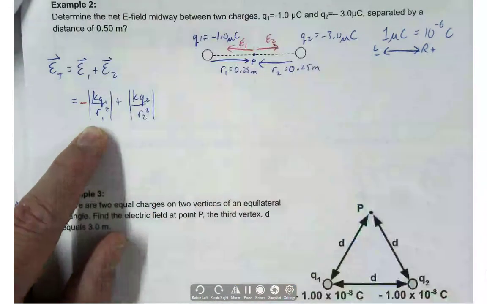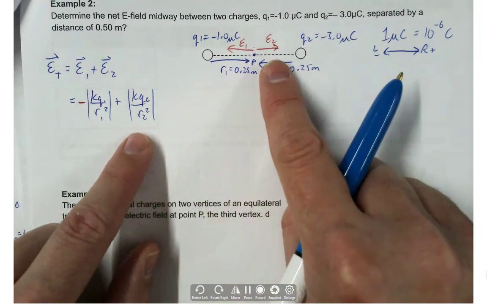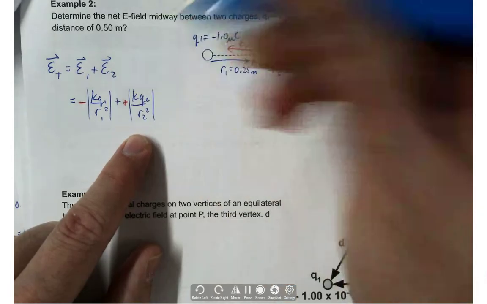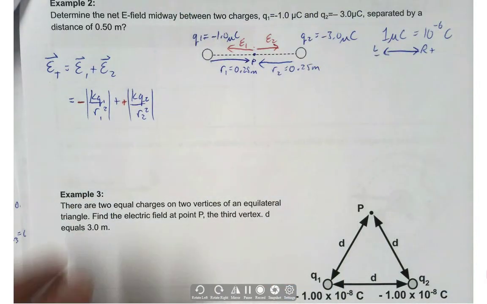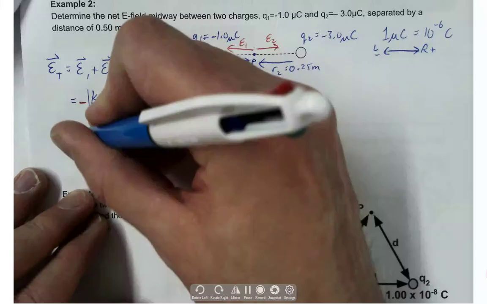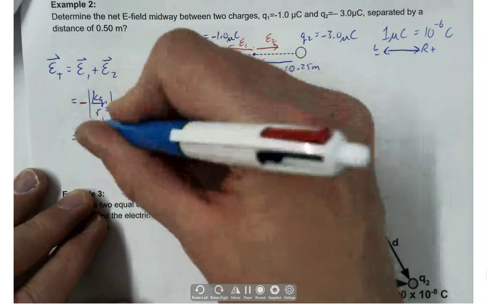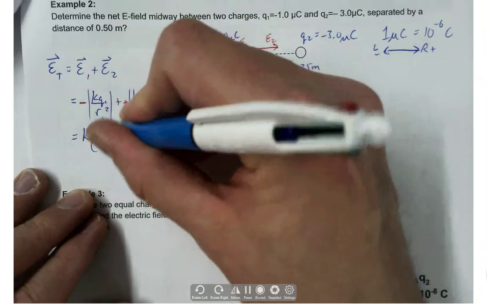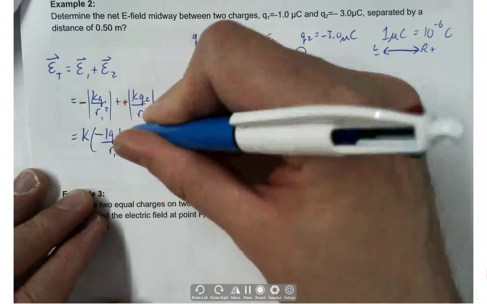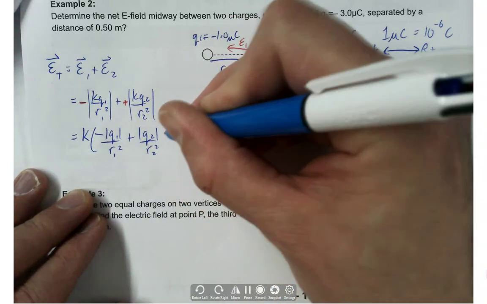So that one is a negative value. This one's to the right, and so it stays positive. Now you can factor out a k if you want to, which gives k times negative absolute value of Q1 divided by R1 squared plus absolute value of Q2 over R2 squared.